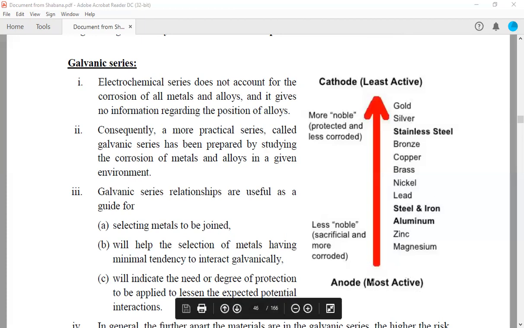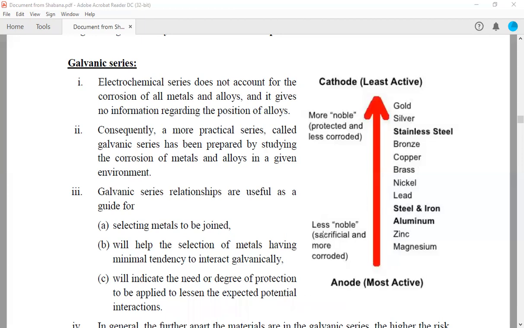The anode, which is the most active, is at the bottom, and the cathode, which is the less active, is present at the top. From bottom to top, the anodic region decreases.